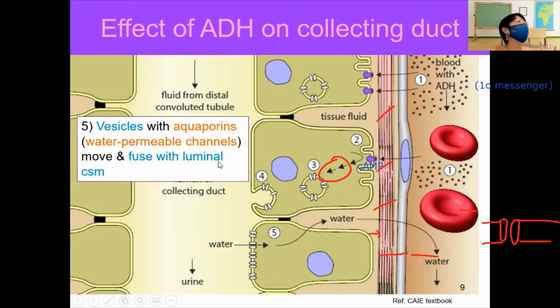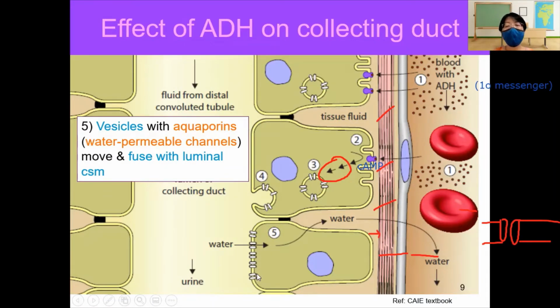Luminal stands for lumen. It's an adjective. It describes that this cell surface membrane is located at the lumen of the cell. So the vesicle will move towards the luminal membrane and fuse with it. Now the luminal membrane is permeable to water because there's aquaporin.